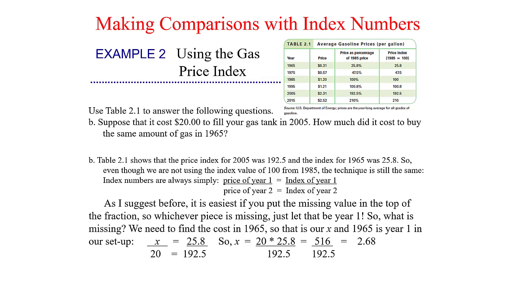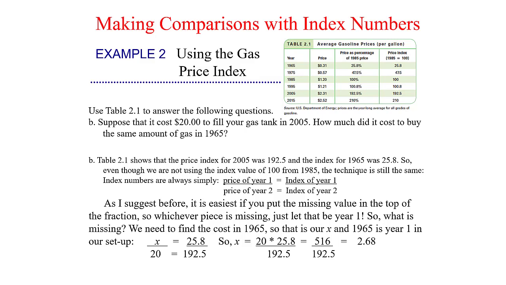So we want to let x be the price for 1965, and thus we put that on top of our fraction. So we have x over 20, the price in 1965 over the $20 it cost us to fill our tank in 2005, is the index from 1965, which is 25.8%, divided by the index for 2005, which is 192.5.